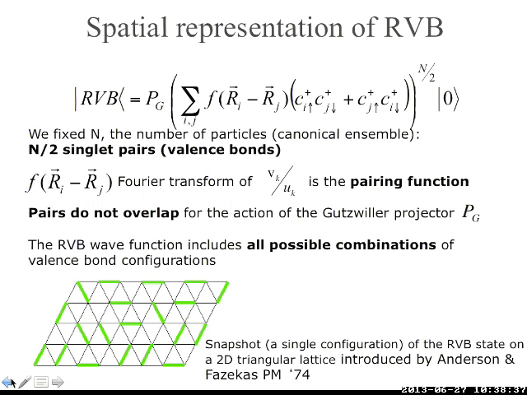With this wave function, it is enough to create a pairing function with only nearest neighbor singlets. So this is a superconducting wave function, but in real space the pairing function is just short range. And then you project, and automatically you have a wave function made of all these possible elements, and it is a very good wave function for the description of the triangular lattice. Of course, now we know that most likely the triangular lattice is ordered, so quite a trivial system, but the wave function is still very accurate.